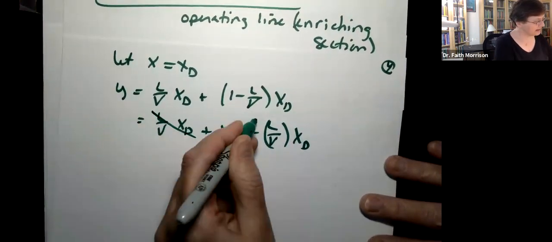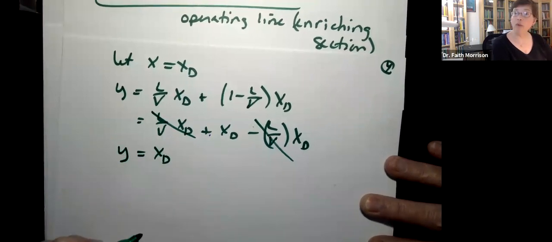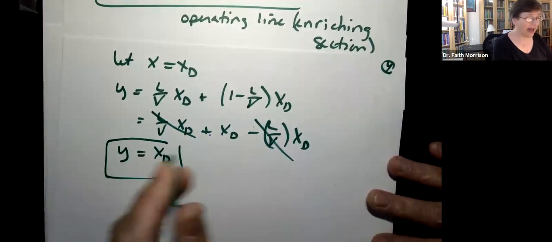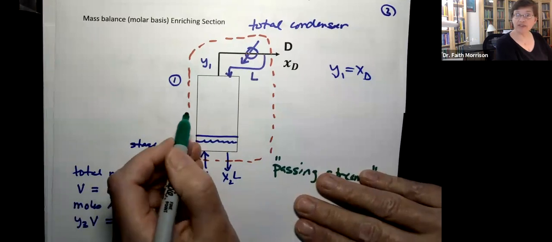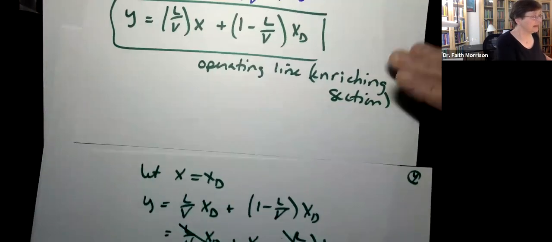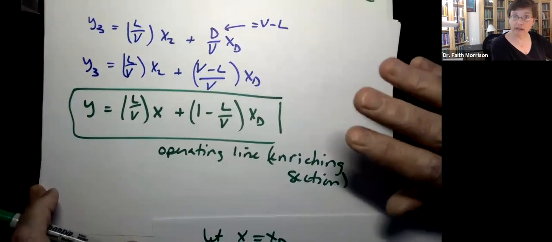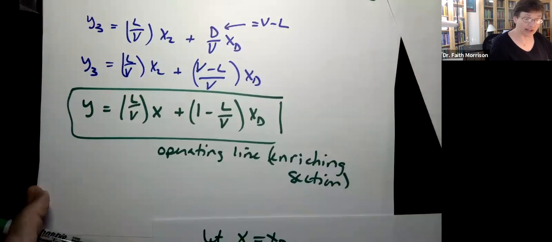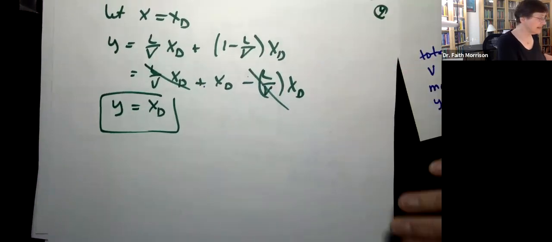And so these cancel, and we get y equals xD. So the point y equals xD is on the line. And that would be true whatever stage we pick. This is the operating line for the upper section, the enriching section. And we found that y equals xD is on that line.